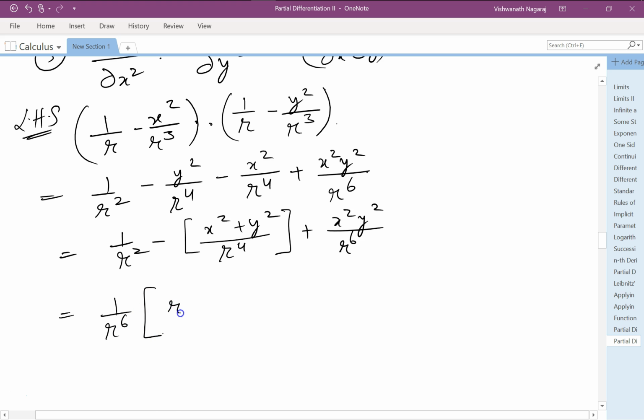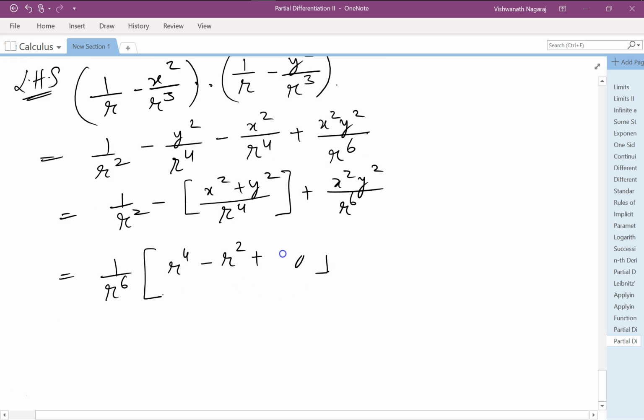This becomes r4 minus, we have to multiply with r square, x square plus y square, plus x square y square.